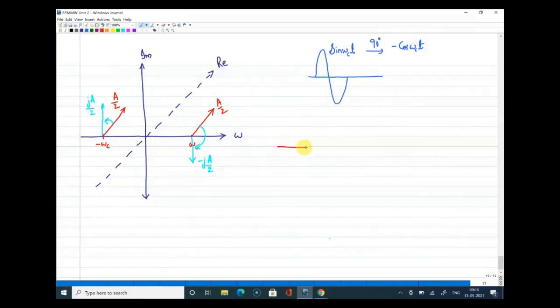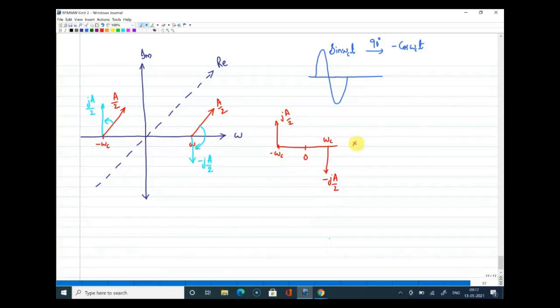I'm starting with the sine wave. At omega c, it has minus j a by 2, and at minus omega c, it has j a by 2, right?